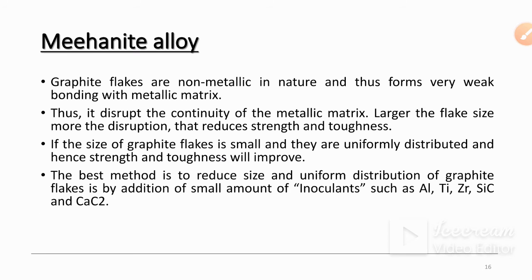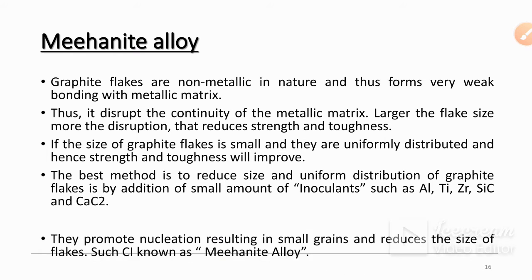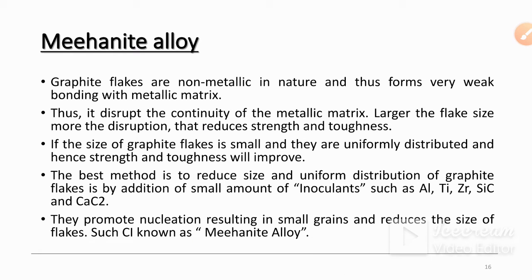The best method to reduce the size and get uniform distribution of graphite flakes is the addition of a small amount of inoculant, such as aluminium, titanium, zirconium, silicon carbide and calcium carbide. They promote nucleation, resulting in small grains and reducing the size of flakes.